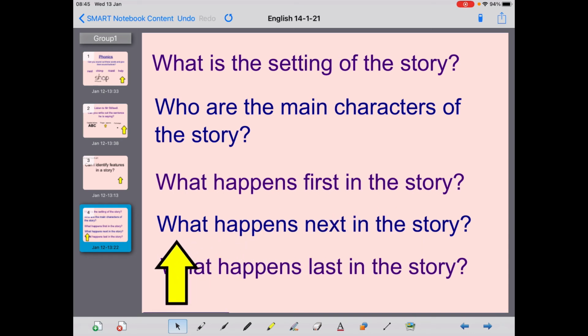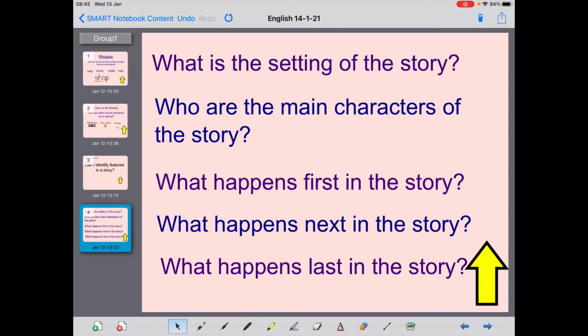Can you remember what happened first? Question number 4 is, what happens next in the story? So what happens after the sentence that you've written for the first? What happens next? And then your last question, what happens last in the story? Okay, so what is the last thing that happens in the story to finish the story off?